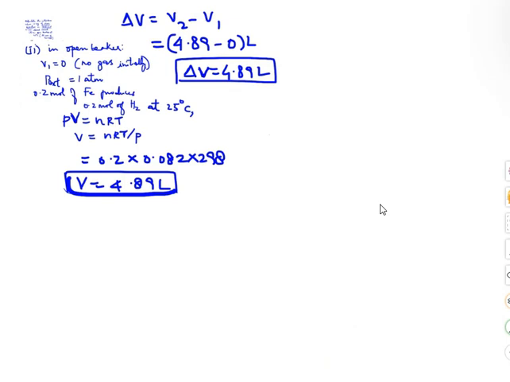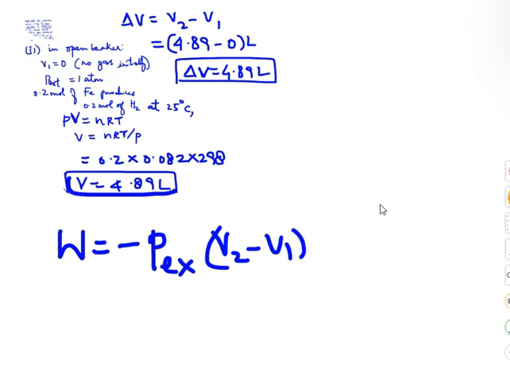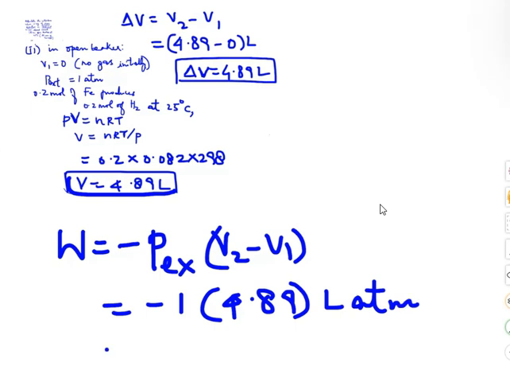Now what is the work done going to be? Work done by the system, because gas is formed, is external pressure times change in volume. Minus 4.89 liter atmosphere.